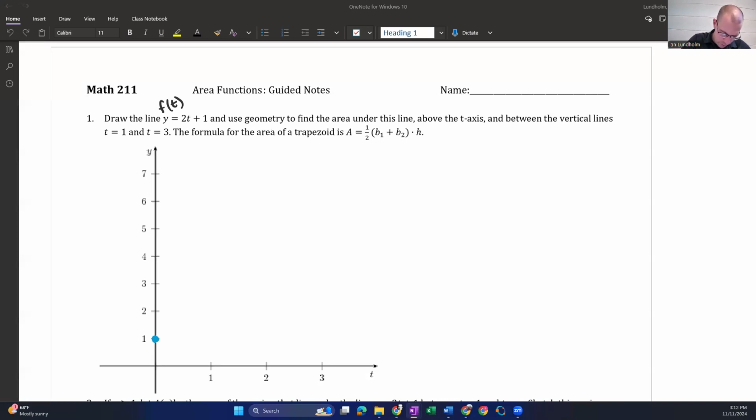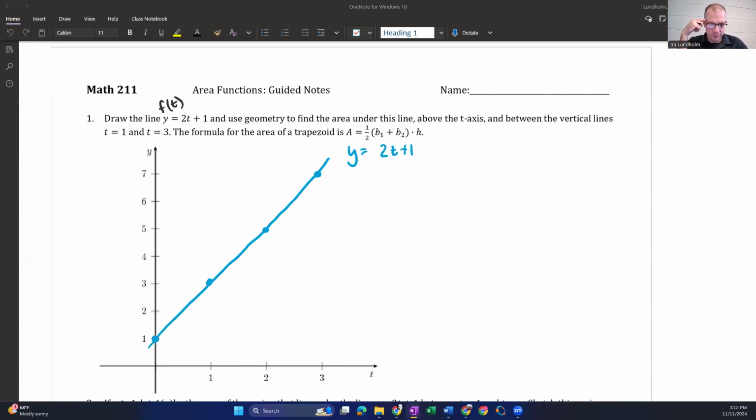We would go through the point 1, 3, the point 2, 5, and the point 3, 7. So if I connect those dots with the line, that's our line, y equals 2t plus 1.